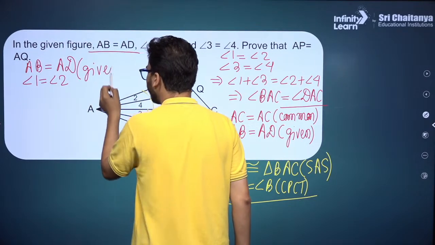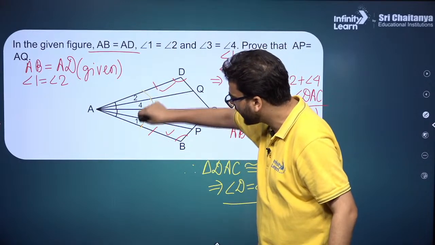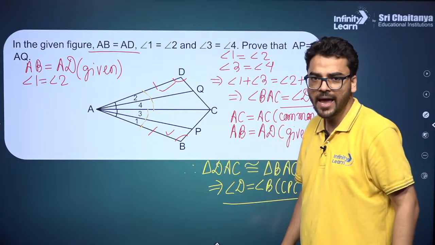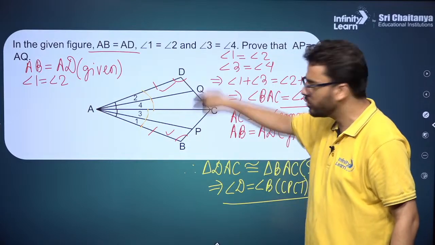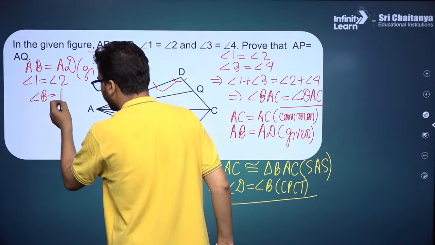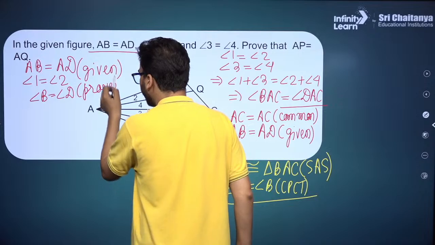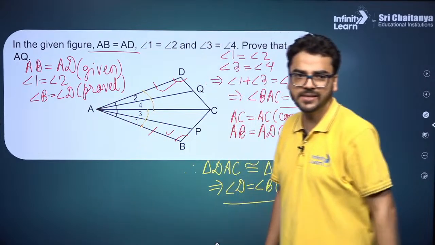If you see it properly, guys, this is equal to this is already given, 1 is equal to 2 is already given, and we have right now proved B is equal to D, in front of you. I hope this is clear up till here.